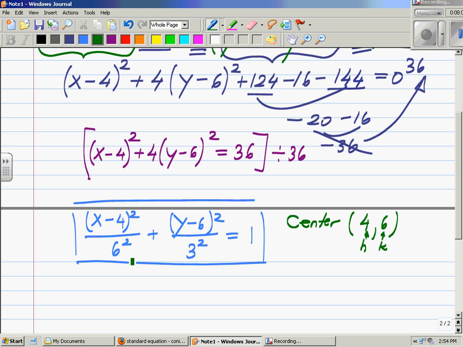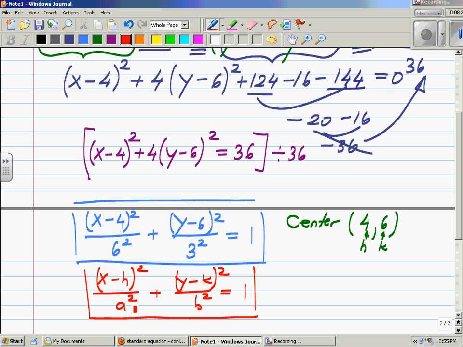Well, which one is bigger here? A is bigger, right? Because your standard equation of an ellipse looks like (x minus h) squared over a squared plus (y minus k) squared over b squared equals 1.